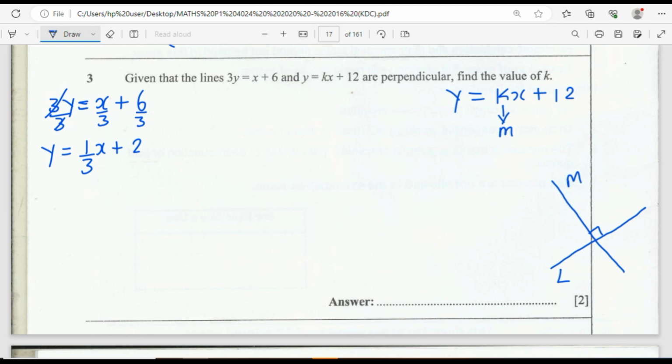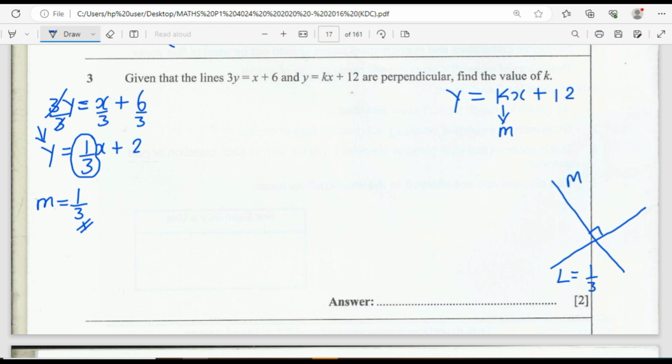After making y the subject of the formula, where there is y, you just put m, which is the symbol for gradient. Then the focus is you just have to get the coefficient of x, including its sign. In our case, it's 1 over 3, which is positive. So this is the gradient for L, 1 over 3.